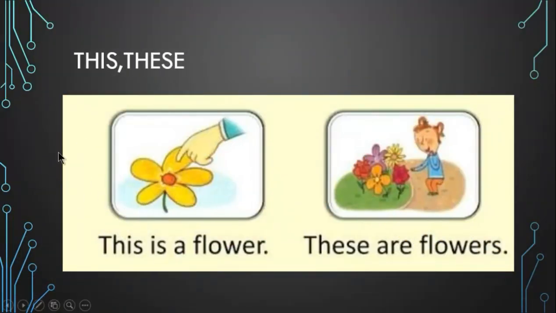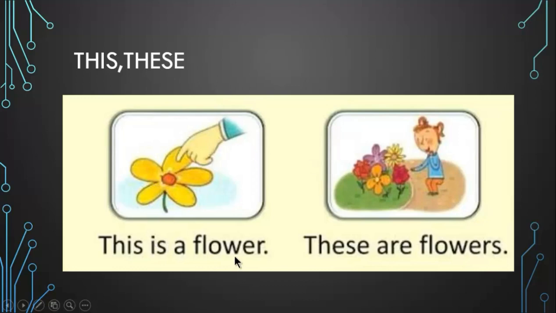Difference between THIS and THESE. See, this man points to this flower. The finger is near, so we use this. And if this girl points to this flower, then it will be that. If anything is far, it will be that, and if near, this.